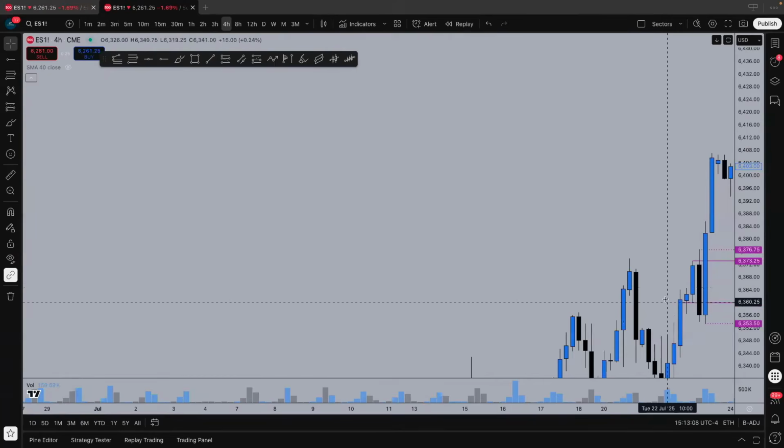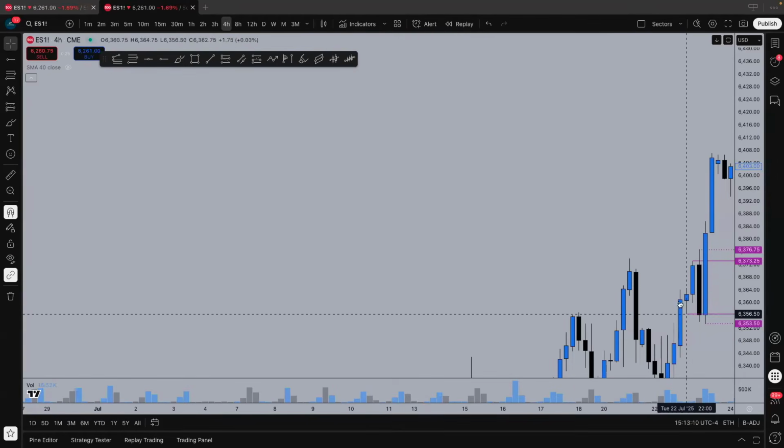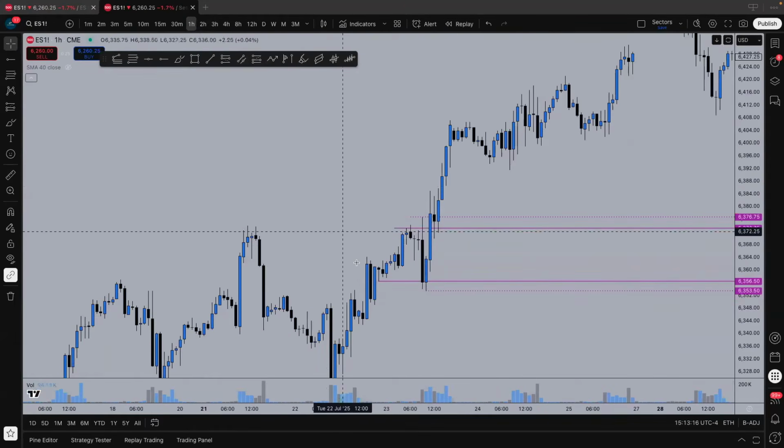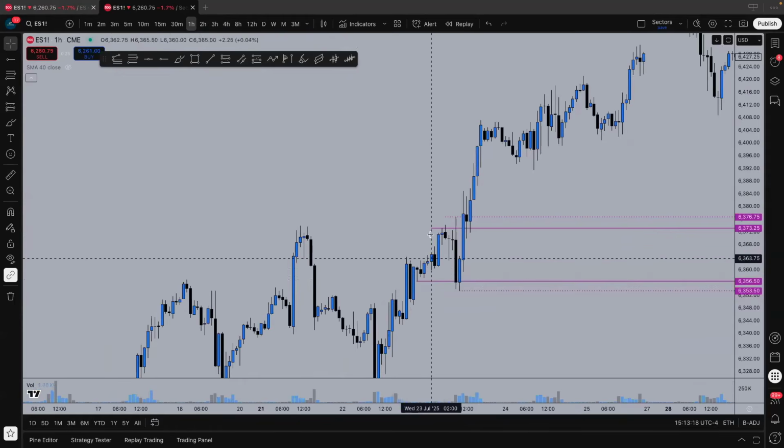And sometimes what I'll do to give myself a better idea of that is I'll bump down, right? So let's go look at that on an hourly and ask, what makes sense on the hourly? What really looks like a sensible place to put it? This is still a kind of sloppy area to me.